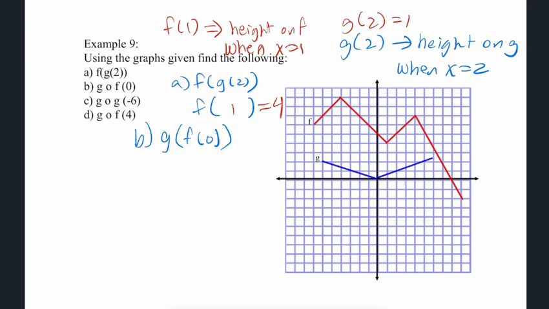Remember, we're going to start from the inside. We go to the f function and look at what the height is at 0. So here's the f function. Can somebody tell me what the height is at 0? 5. So that's just going to be g of 5.